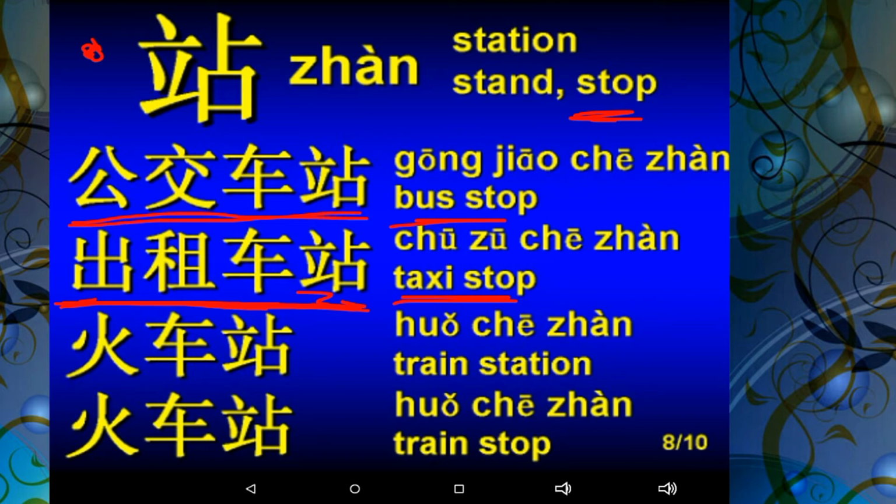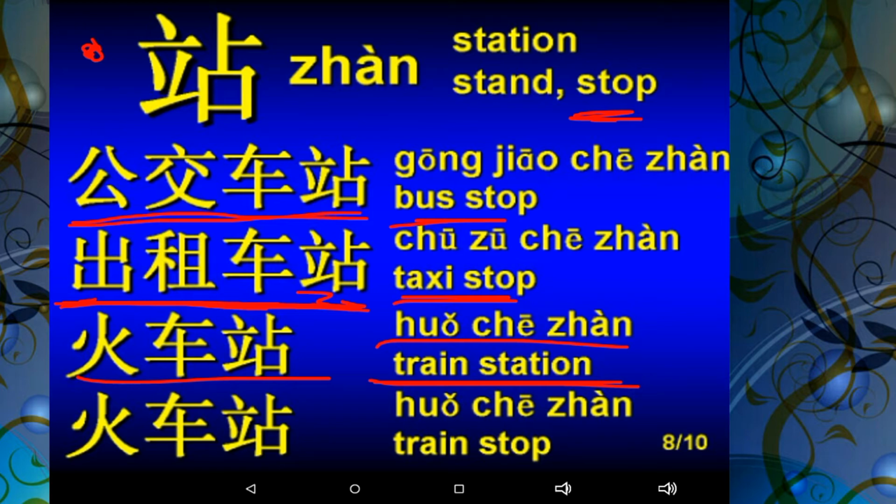Our next, you might notice, is the same three characters, okay? But they have a slightly different meaning. The first one is Ho-cha-chan. Ho-cha-chan means train station, because you're going to the train station and you're going to get on the train.